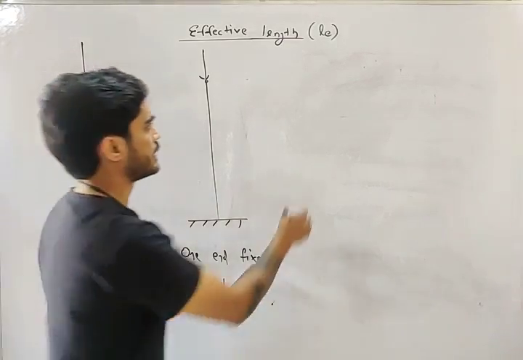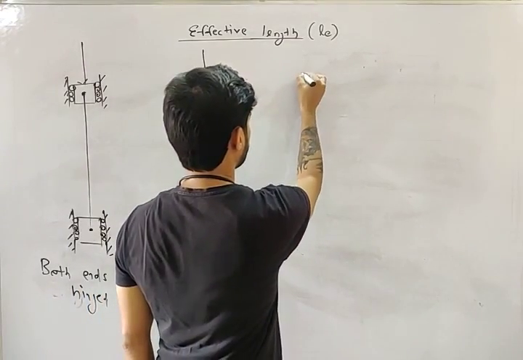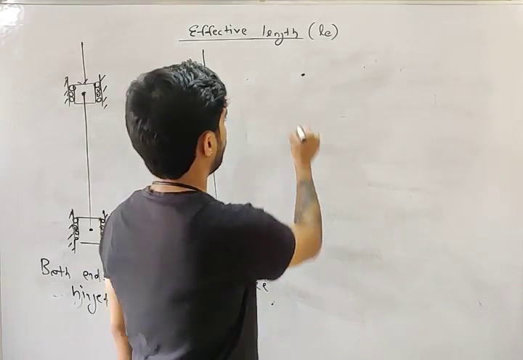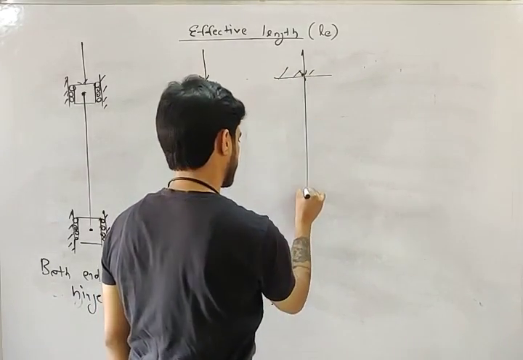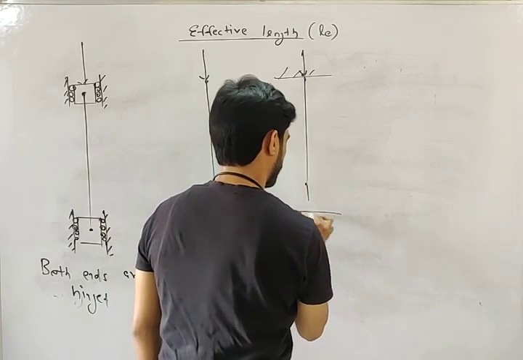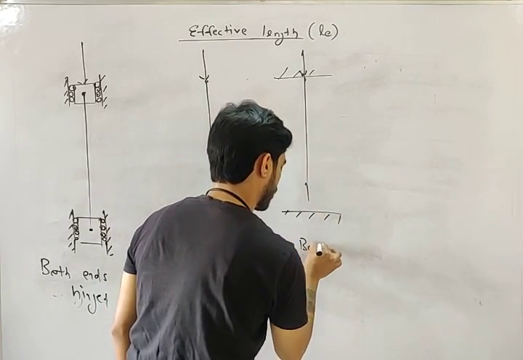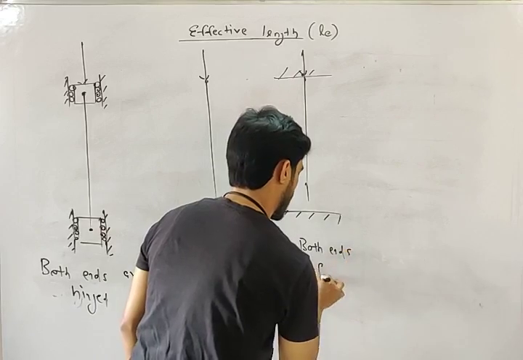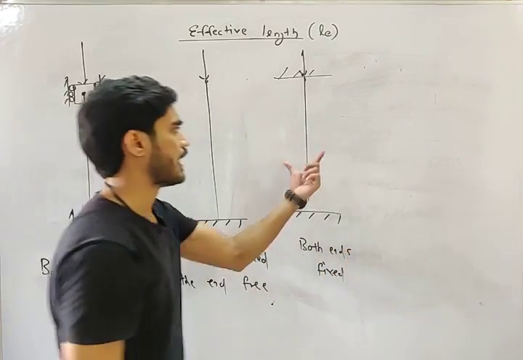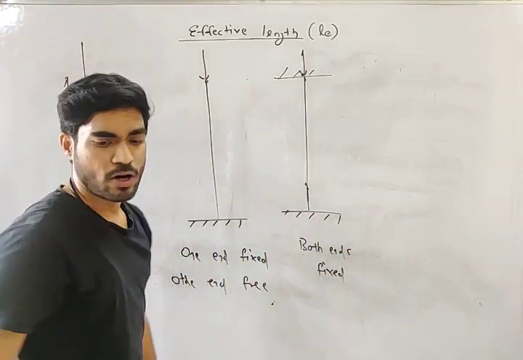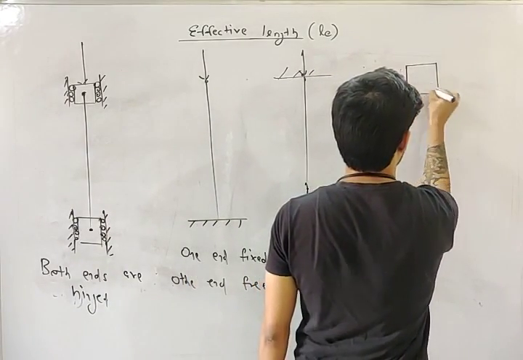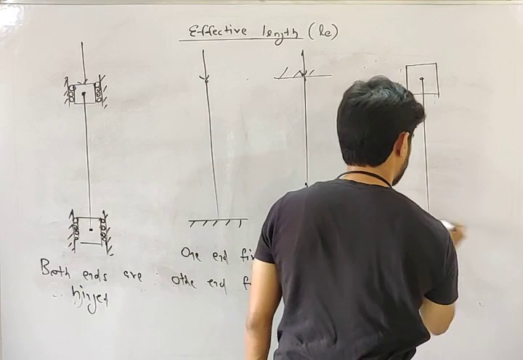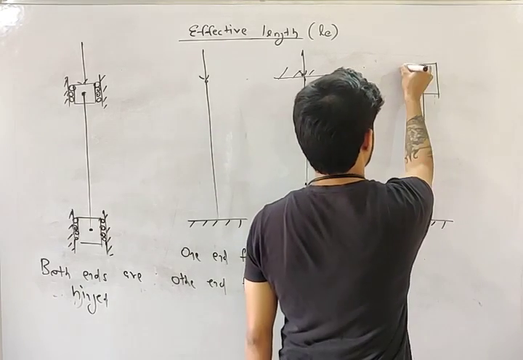Third condition, both ends are fixed. This is the third condition. And the fourth condition is one end is hinged and the other end is fixed.